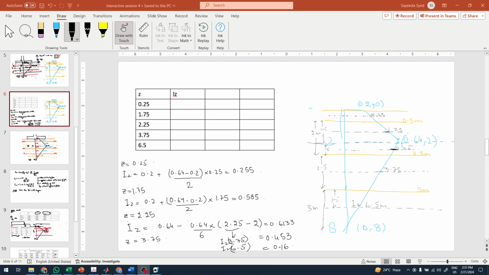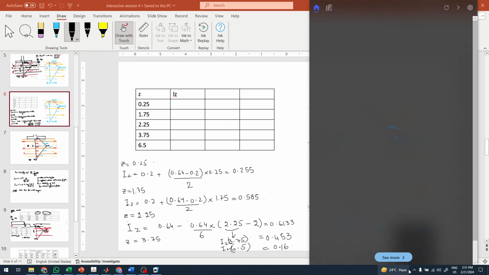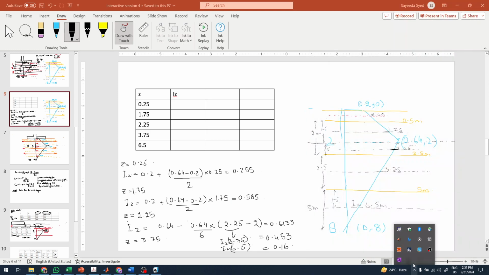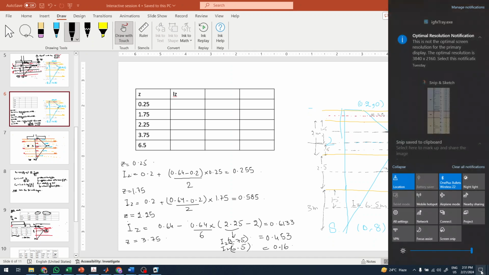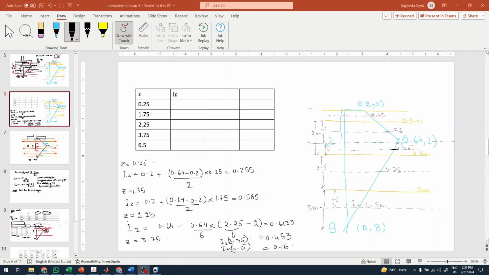So let us fill this table from the data that we have just obtained. Okay, so let us fill this table now.